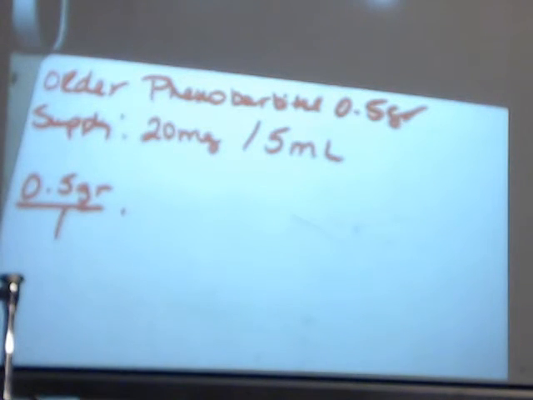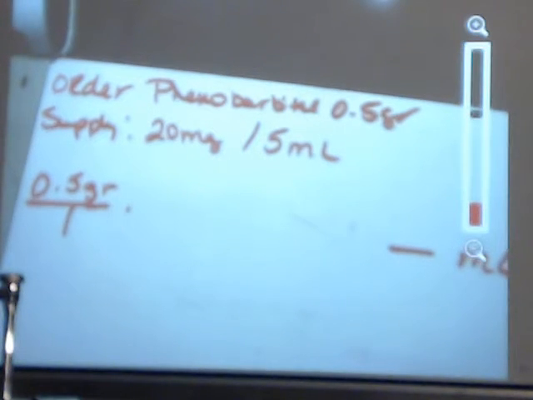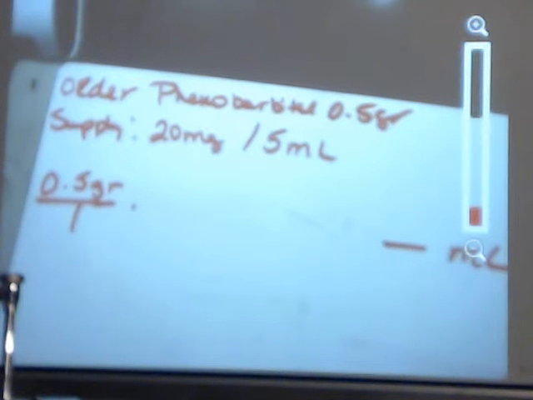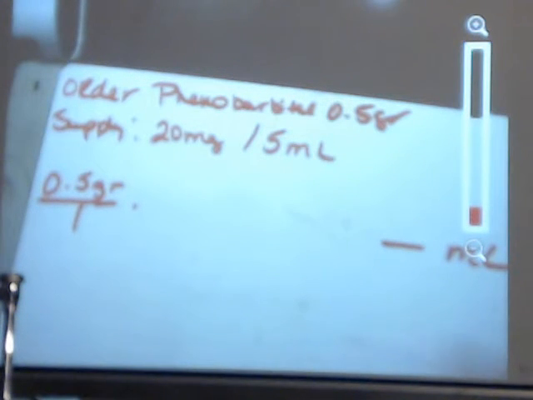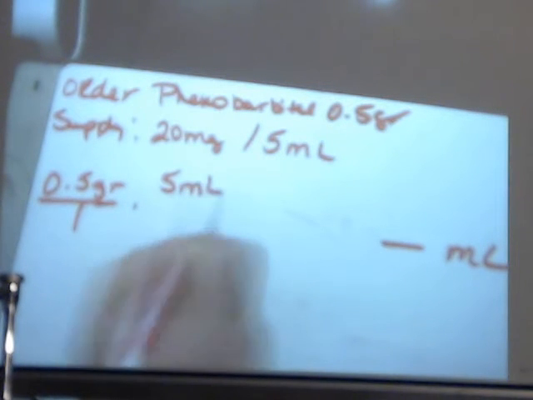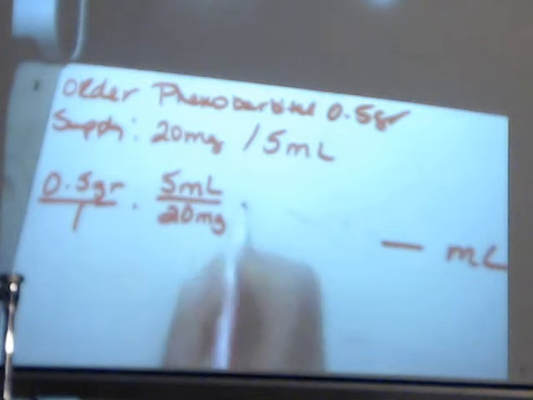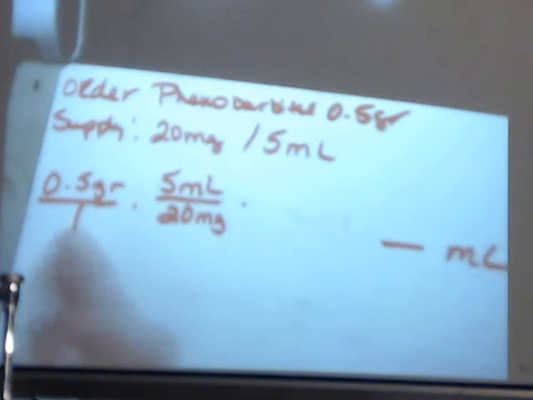So we got to figure out how many milliliters we're going to give. That's what we want to know. So we're going to put 5 milliliters over 20 milligrams. That's our supply, right? And we know we have to get rid of our grains, but we have to convert from grains to milligrams.